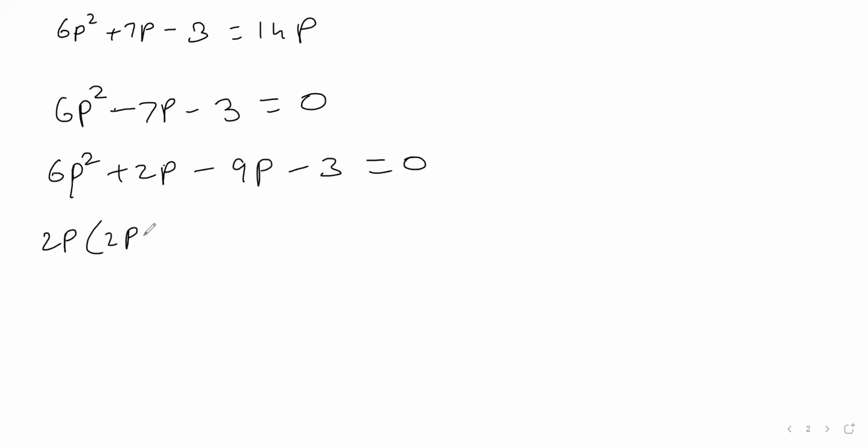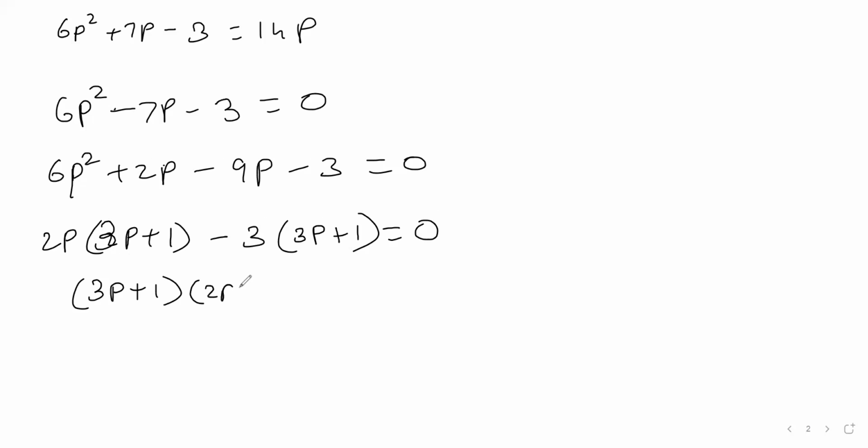2P into (2P plus 1) minus 3 into (3P minus 1)... this is also 3P. So I'll get (3P plus 1)(2P minus 3) is equal to 0.